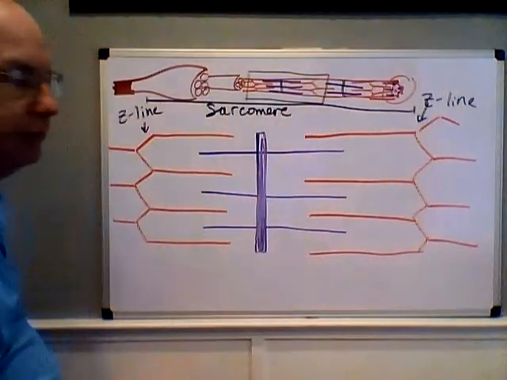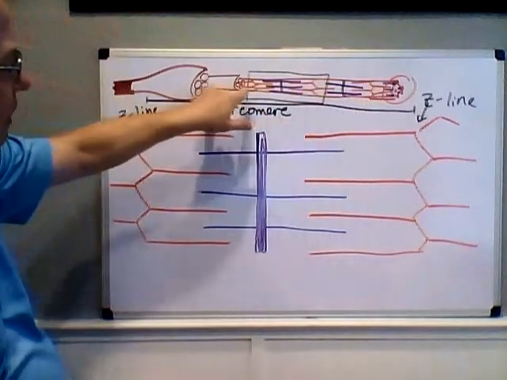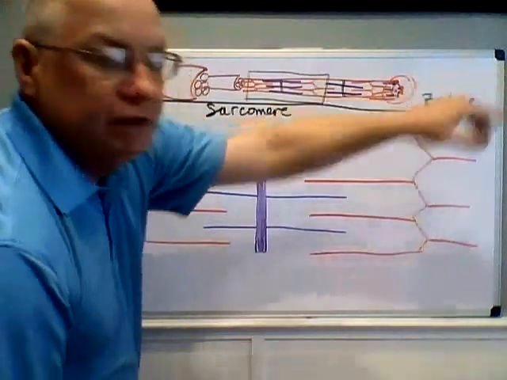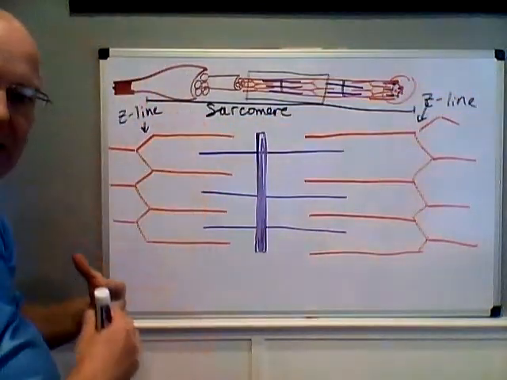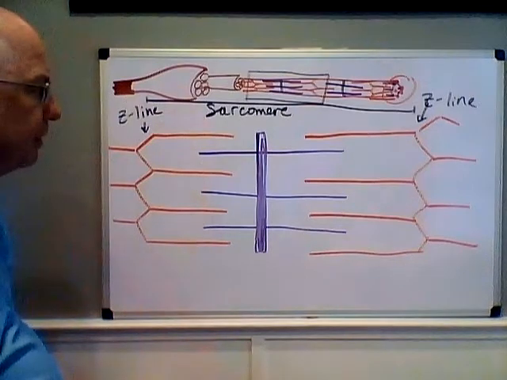Sarcomeres are repeating subunits. There's a sarcomere here, and they would go all the way down the length of these myofibrils. They would continue to the other end as well, in every myofibril. It's a very unique and highly ordered arrangement of these proteins.